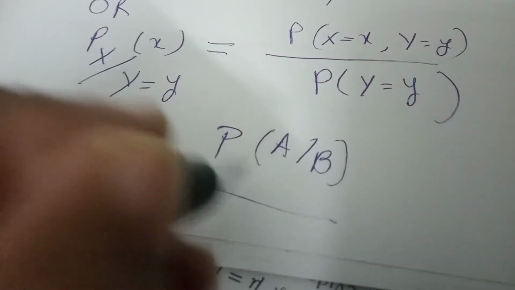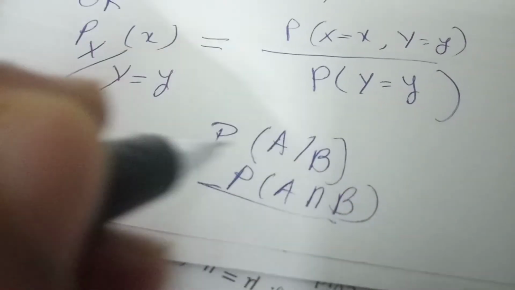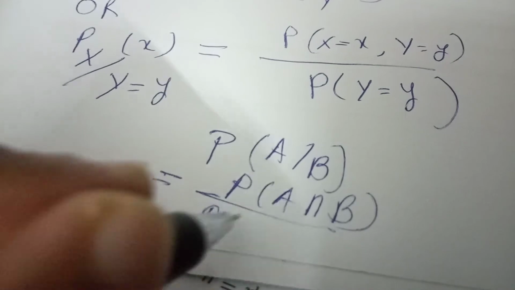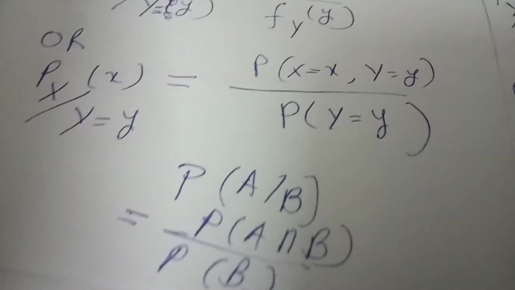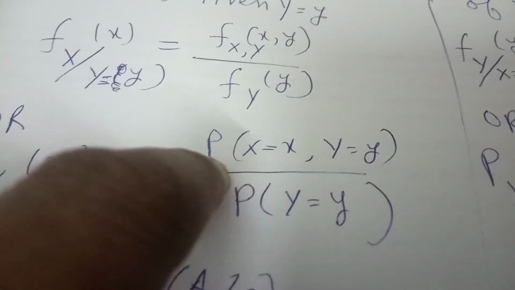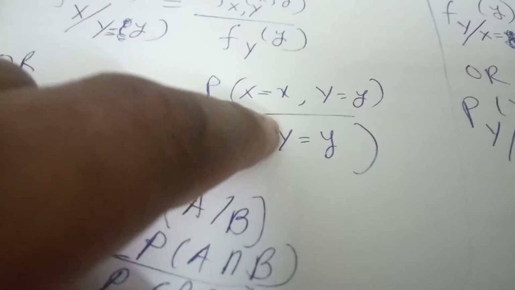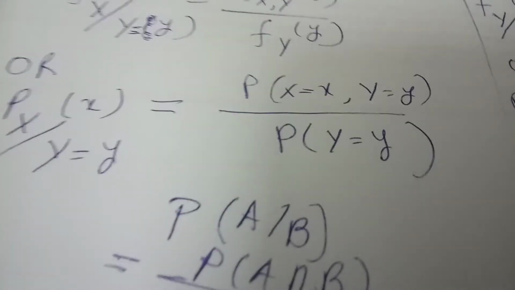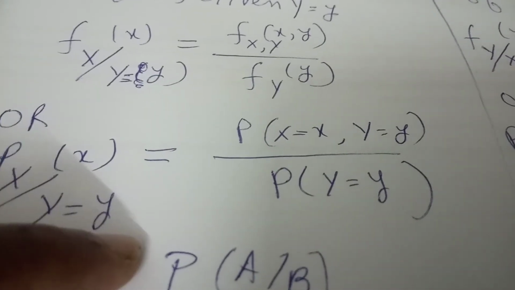It was the ratio of probability of A intersection B divided by probability of B, of course when probability of B is positive. We are using that formula here. This is the joint probability divided by, so A intersection B, where A is X equal to x and B is Y equal to y, divided by probability of Y equal to y. This is called the conditional PMF of x given Y equal to y.